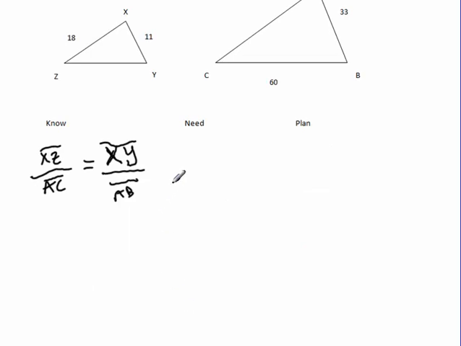And what do I need? I need A to C. I know the values for XZ, XY, and AB, but not A to C. So, making a plan, I put in my measurements: 18 over AC equals, well, XY is 11 and AB is 33.